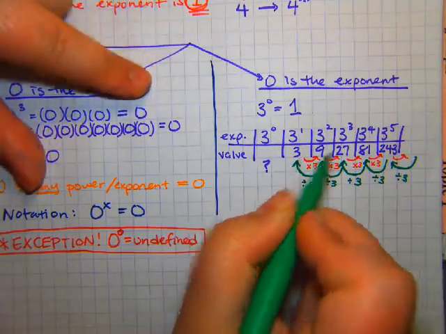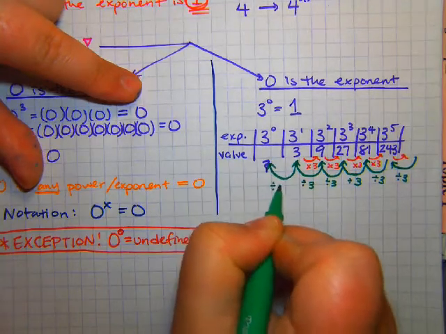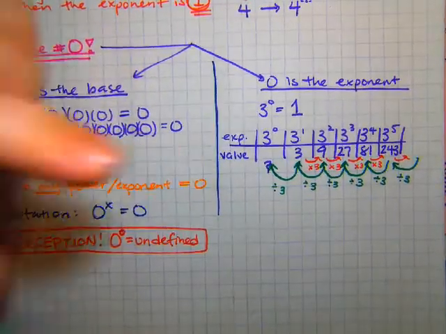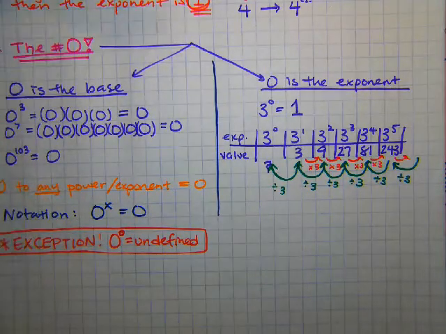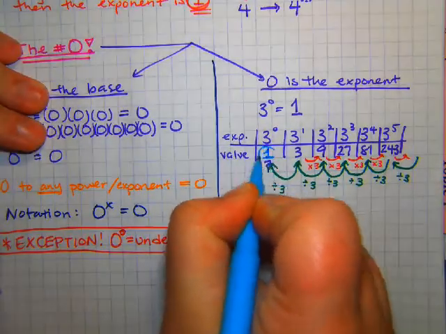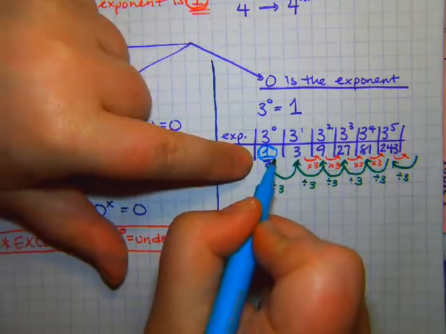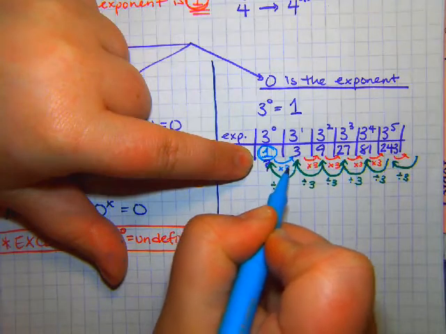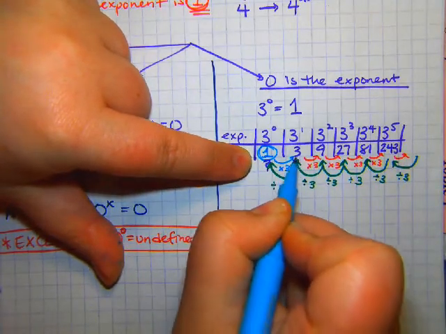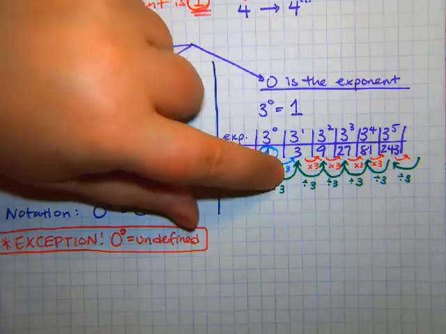Well, that leads us to 3 divided by 3. Well, 3 divided by 3 is what? It's 1. And that works because if I do 1 times 3, just like the pattern I have, I'll get 3. If I had 0, like I wanted to do, 0 times 3 is just 0.